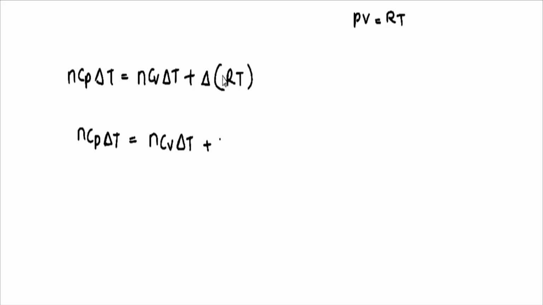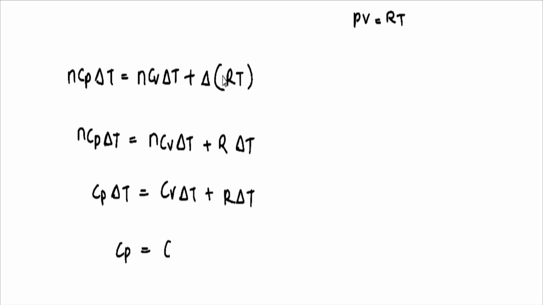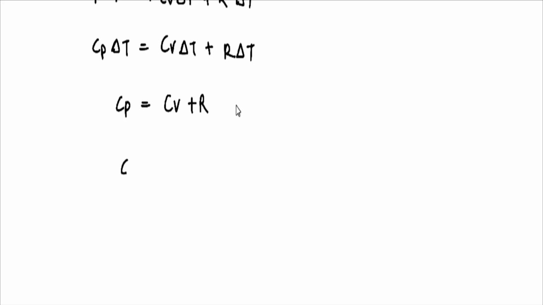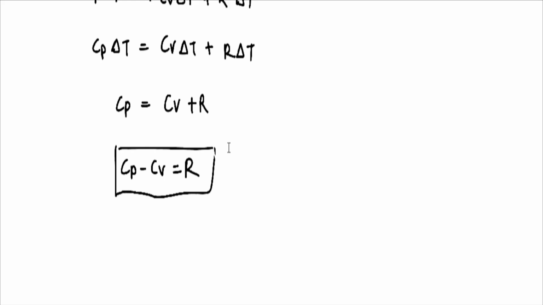Since it is given for 1 mole, the value of n will be 1. So Cp delta T is equal to Cv delta T plus R delta T. Since delta T is common, we get Cp is equal to Cv plus R. Now the next step is Cp minus Cv is equal to R. So that is the final answer: Cp minus Cv is equal to R.